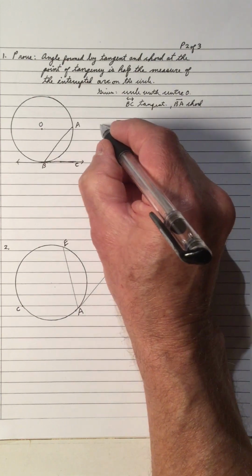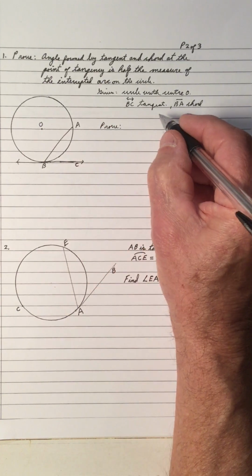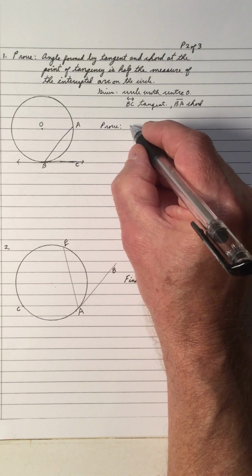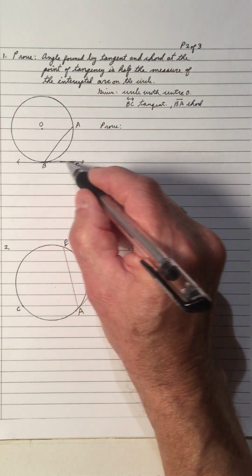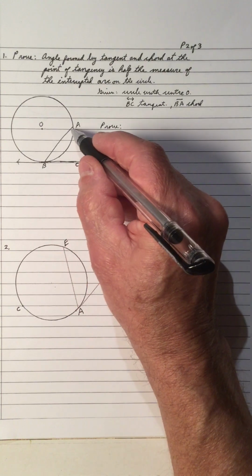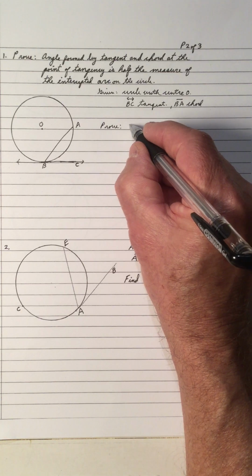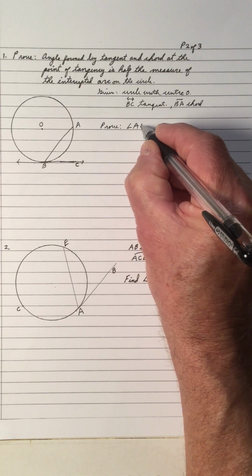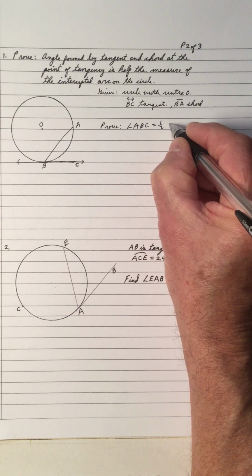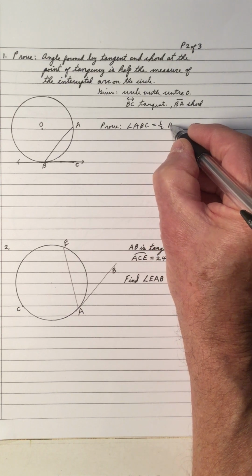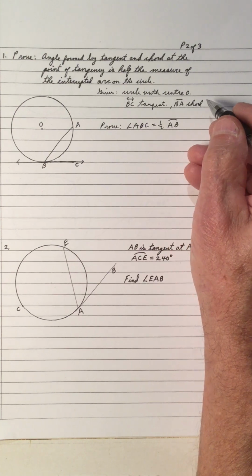We have to prove that the angle formed by the tangent, which is BC, and the chord AB is half the intercepted arc AB. So the angle ABC is equal to half of the arc AB. That's what we're going to prove.